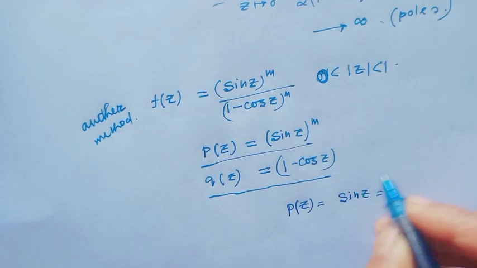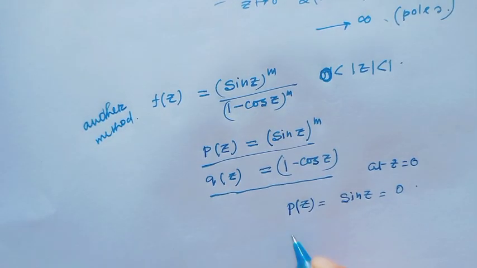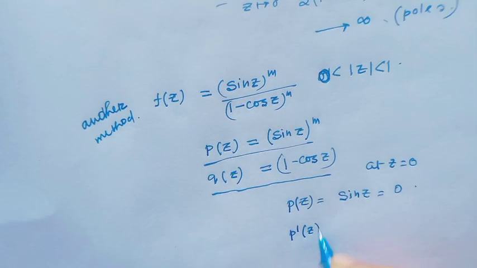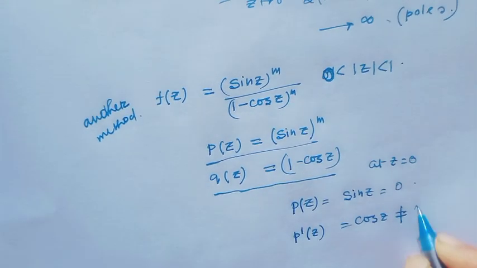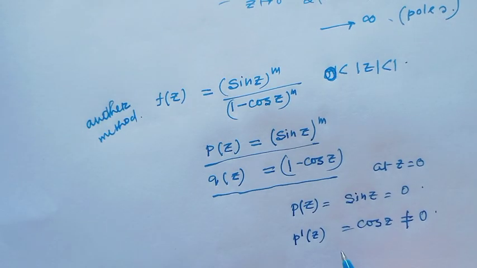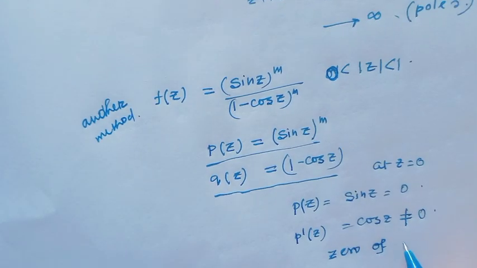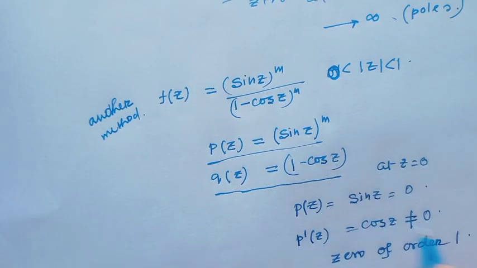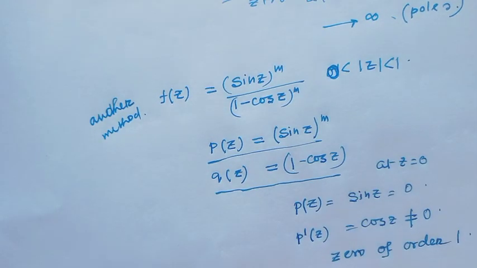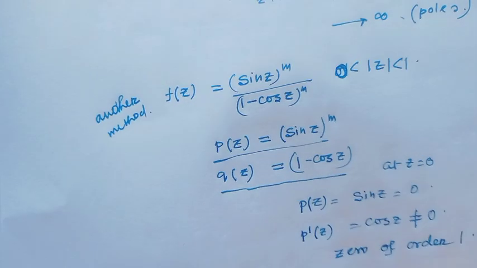At z equal to 0, this value is equal to 0, and p prime z equal to cos z. At z equal to 0, this is not equal to 0. That means p(z) has zero of order 1. But here sin z to the power m, that means p(z) has zero of order m.